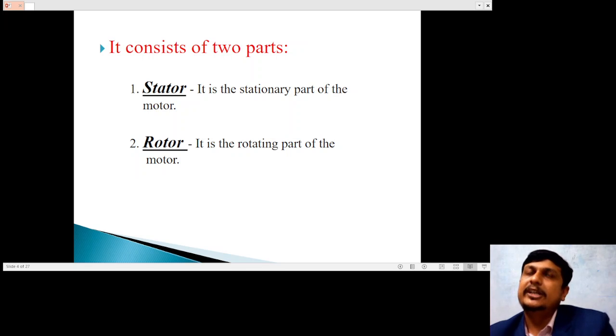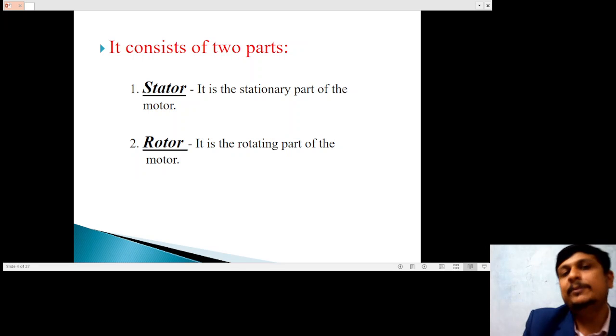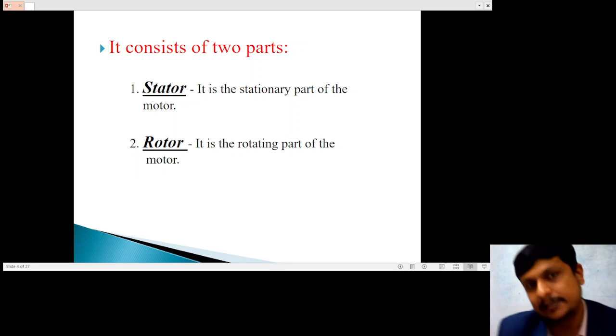In a DC motor the field winding is present in the stator and the armature winding is placed in the rotor. But in an induction motor, the field winding is present in the rotor and the armature winding is present in the stator. This is the major constructional difference between both machines.